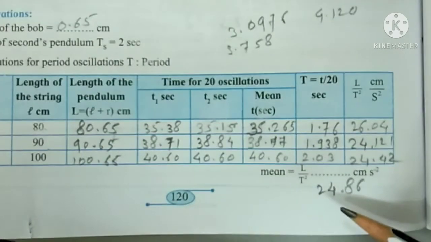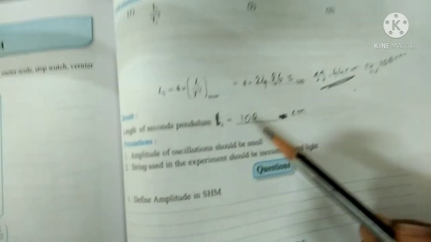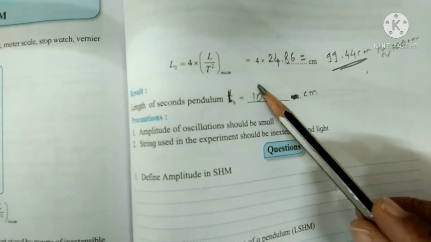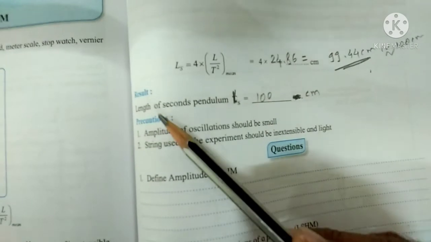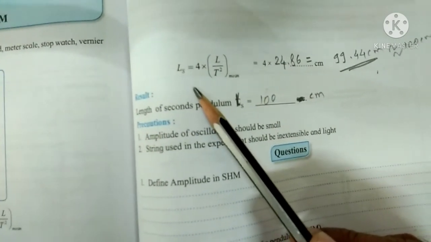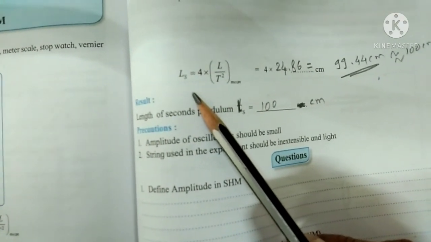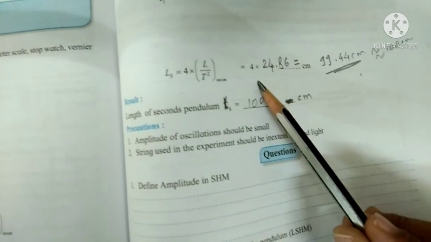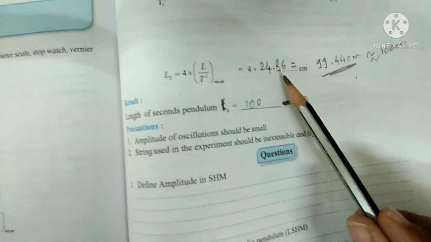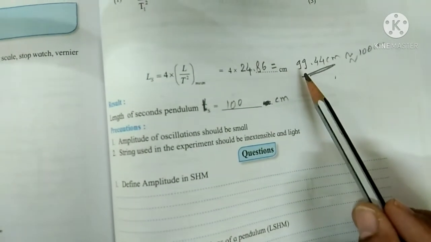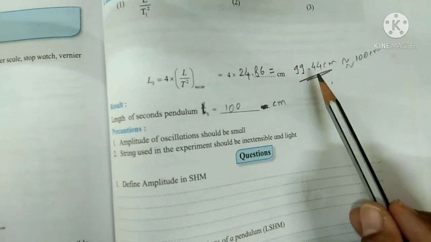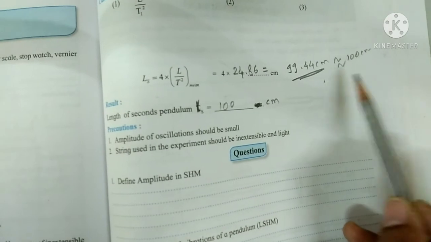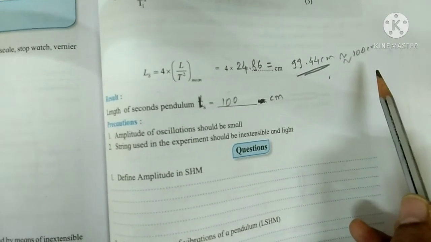Right? Now, if we multiply this value by 4, then from that we get the length of a seconds pendulum. See here, if we multiply 4 by 24.86, then that value is 99.44 centimeter, which is approximately 100 centimeter.